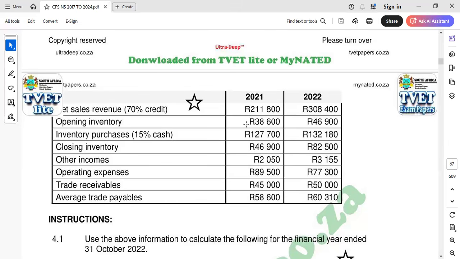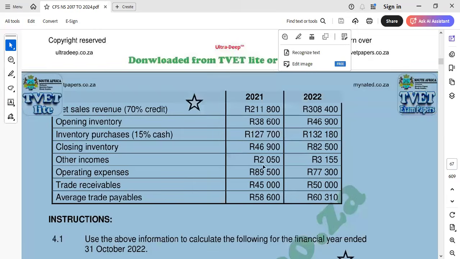So we have this one first. We have these two amounts.